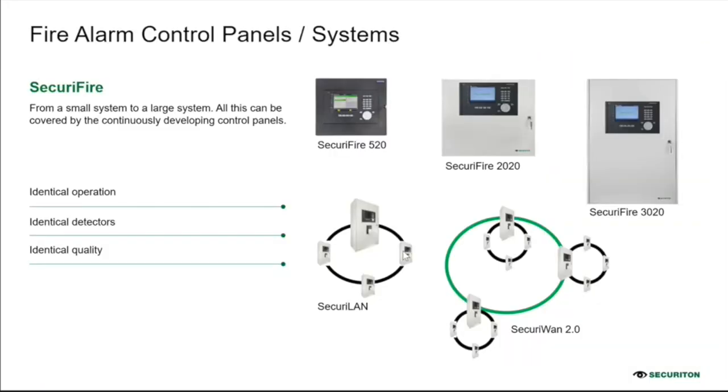So let's start. Most of you know already our range of fire panels. The name of our system is SecuriFire, and we cover installations from a small system to a large system through the SecuriFire 500 for smaller, standalone applications, SecuriFire 2000 for medium, networkable installations, and the big one, the modular SecuriFire 3000.